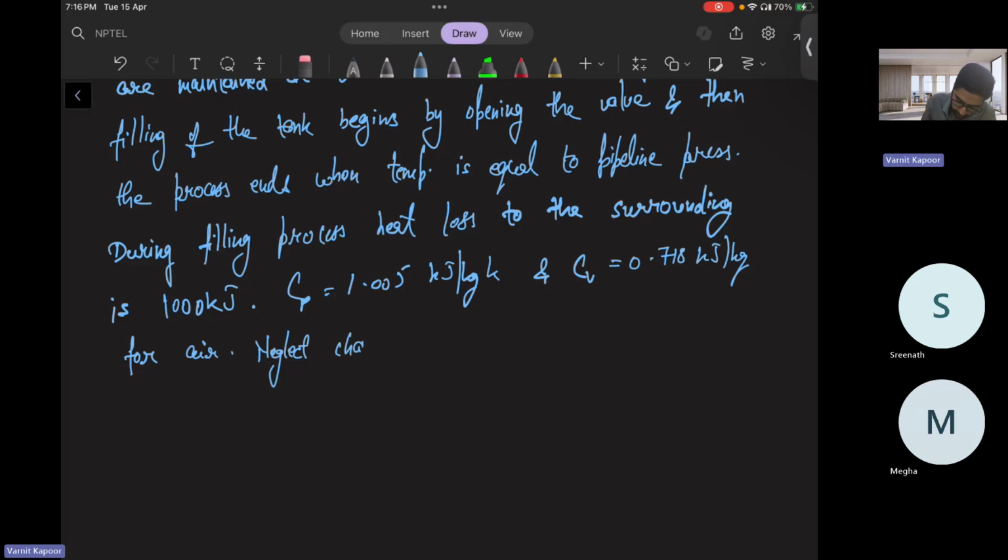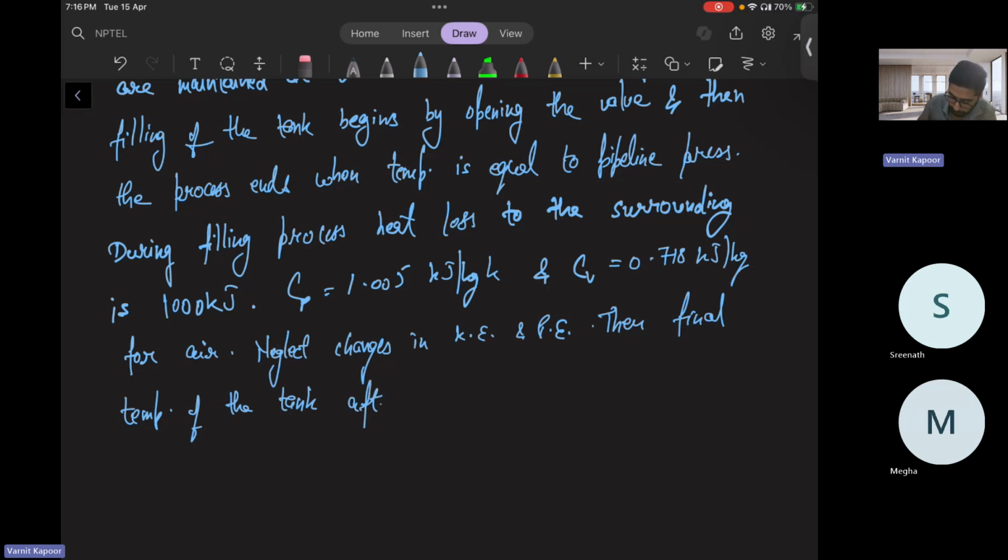Neglect kinetic energy and potential energy. Find the final temperature of the tank after completion of the filling process.